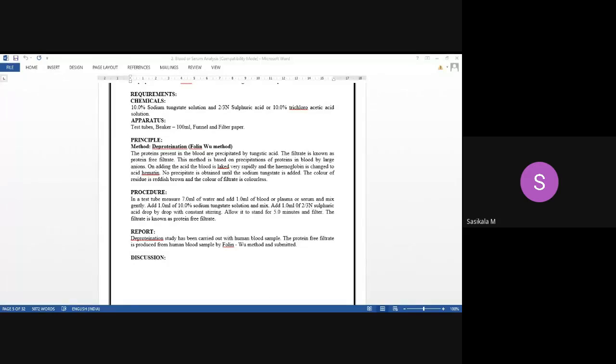So let me show you the color change of the protein-free filtrate. Just a minute.